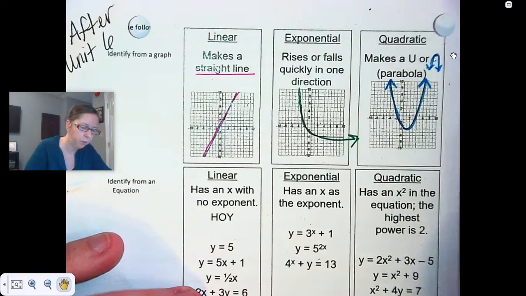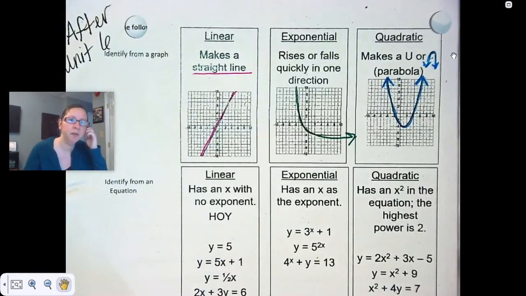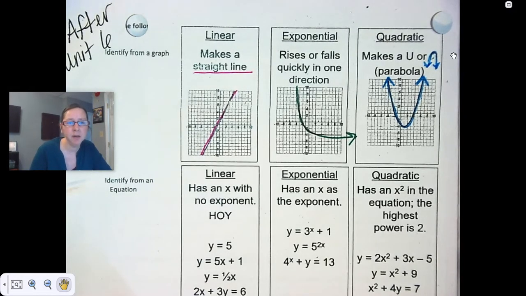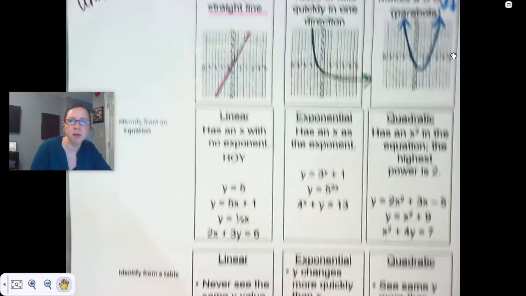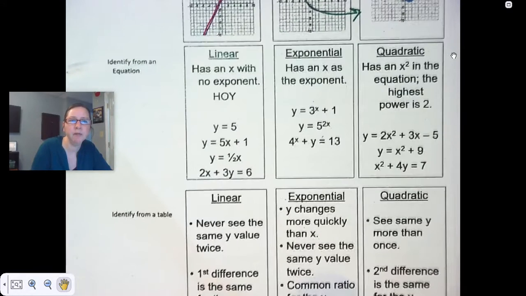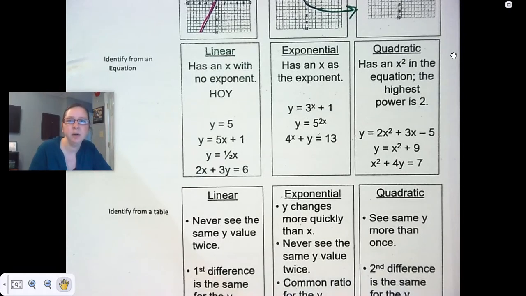Okay? All right. So quadratics from graphs or any lines from graphs are easy to identify. So we're not going to cover any examples of those today, but we will look at some examples of how do we identify whether it's linear, exponential, or quadratic from an equation.